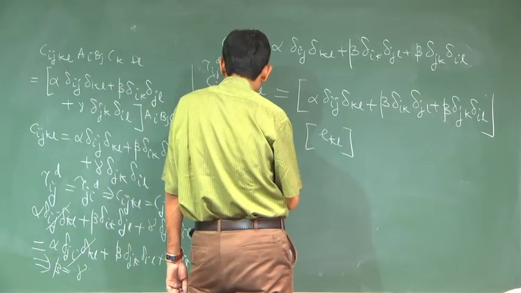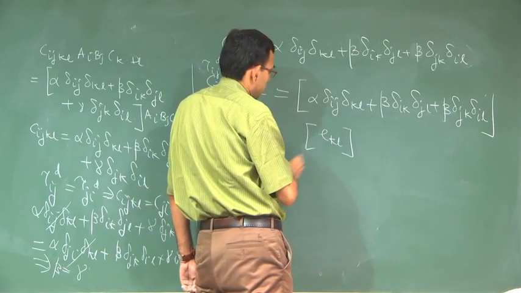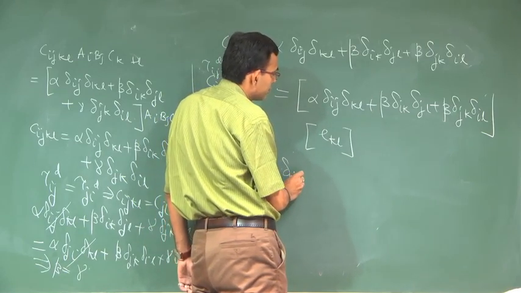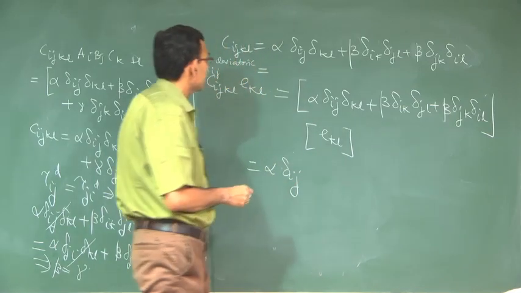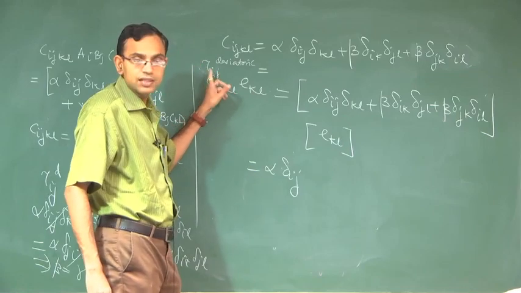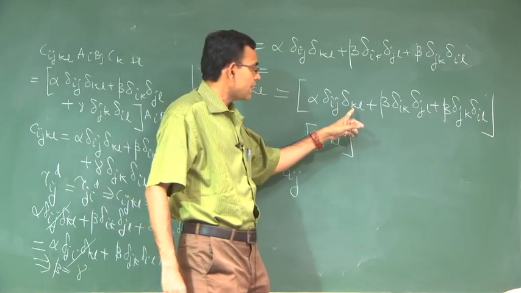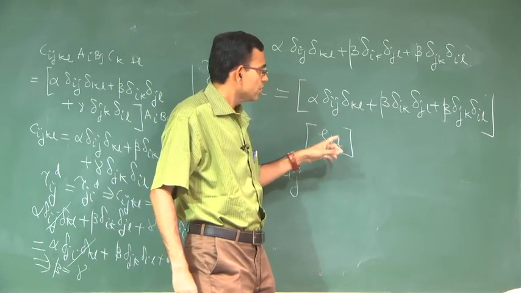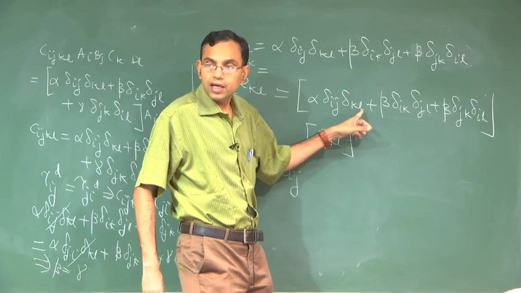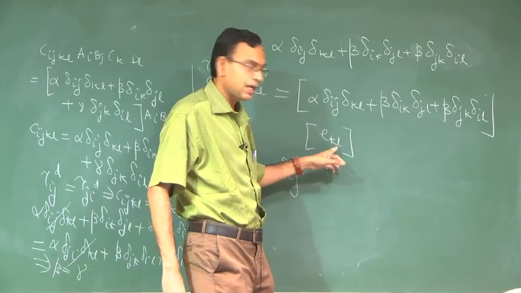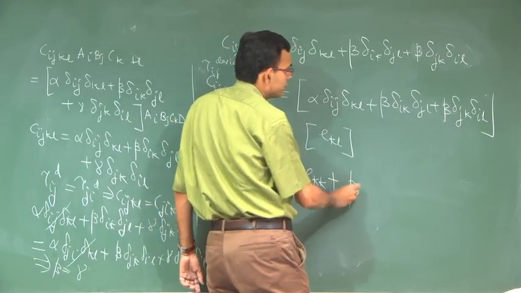So this will be alpha delta ij. What is free here? Free are i and j. These things you really cannot sum up. So the summation will be on k and l. So delta kl will be 1 when l equals k, and then this will become Ekk, plus beta.